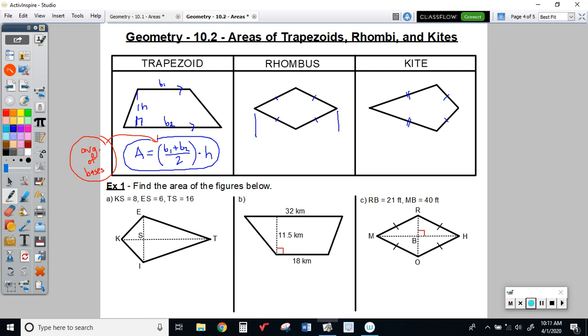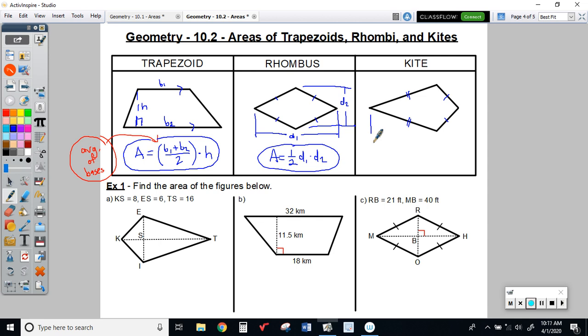So from there to there is D1, and then from here to here is D2. So the area of this is 1/2 D1 times D2.